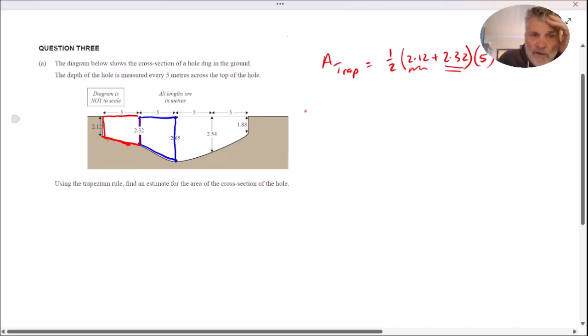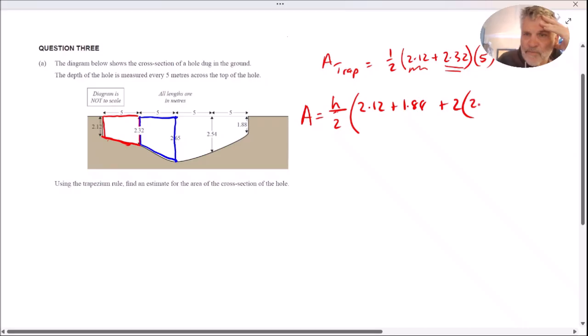So you can look the formula up, but the trapezium rule says the area is equal to 1/2 times this interval length, which I think they call h. So h over 2, times the first and last, 2.12 plus 1.88, plus 2 lots of all of the others.